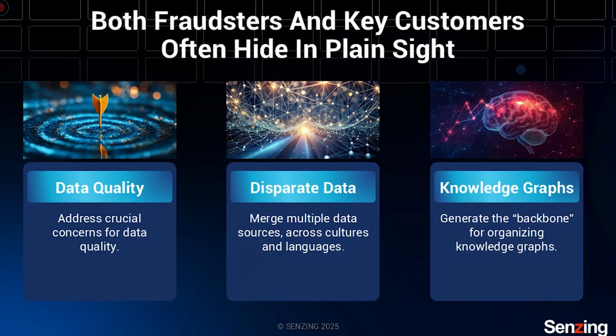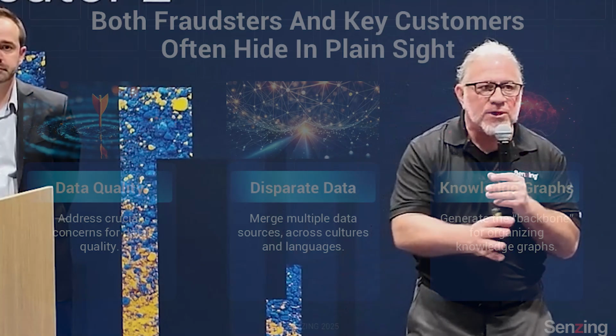A fact of life is that a lot of times the fraudsters, but also your best customers, will be hidden somewhere in the data. So we talk about having your data hiding in plain sight. Entity resolution provides you with means to uncover the hidden connections in your data. So we talk about finding the footprint of entities across different data sources, identifying that they're connected.